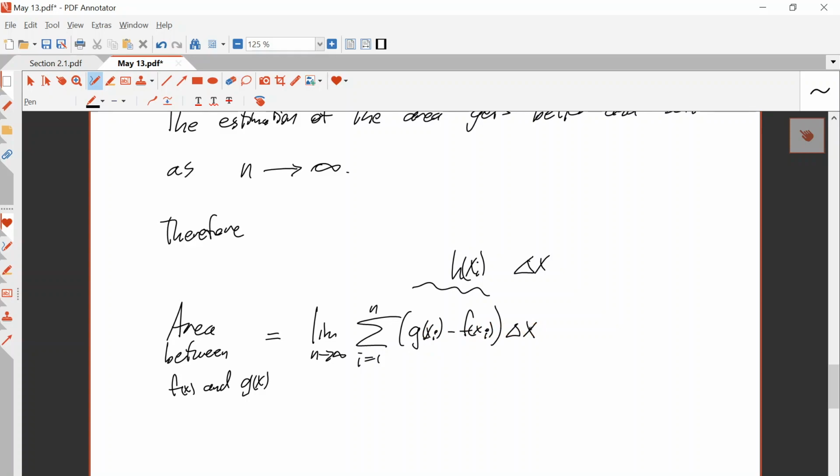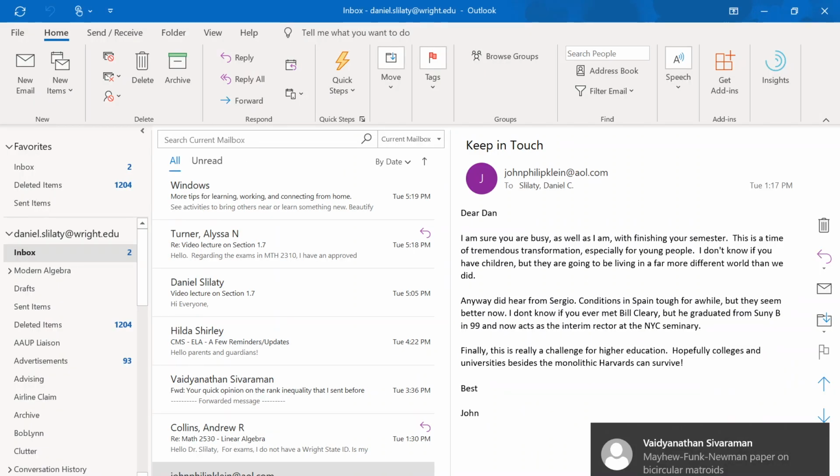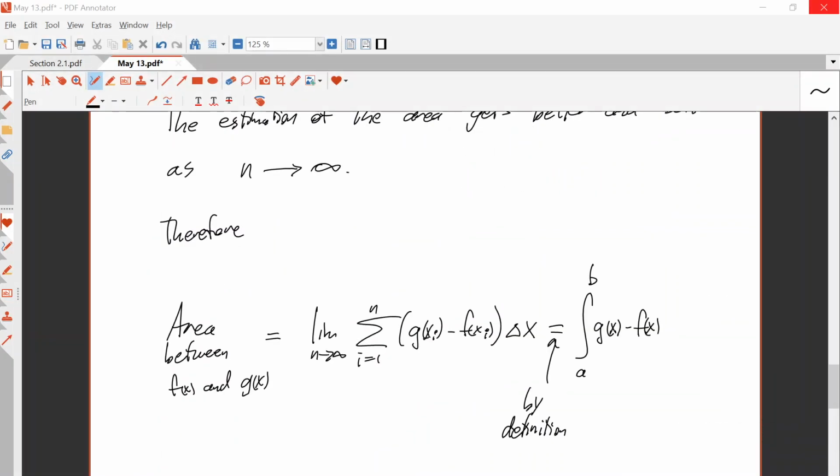By definition, this is the integral. Not by any reasoning, that is the definition of the integral. It is the integral from a to b of the top curve, g of x, minus the bottom curve, f of x, dx.